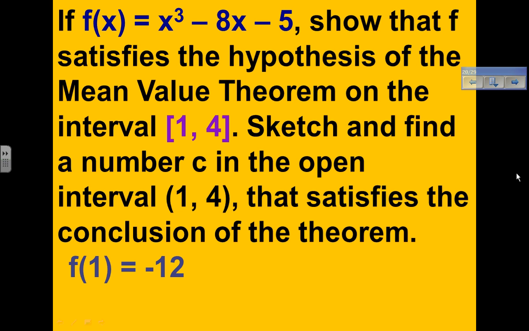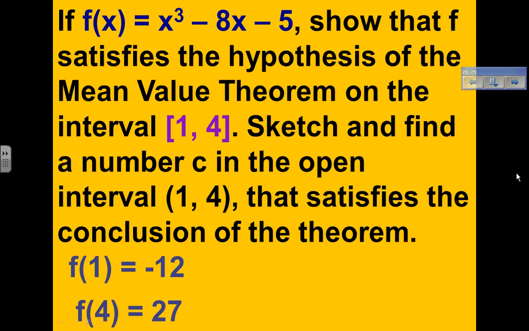Okay? First of all, if you put in 1, you get out negative 12. Put in 4, you get out 27. They aren't equal. If they were equal, that would be Rolle's theorem. But they aren't equal, so it's the mean value theorem. Do you see the difference between the two? Well, I hope so.